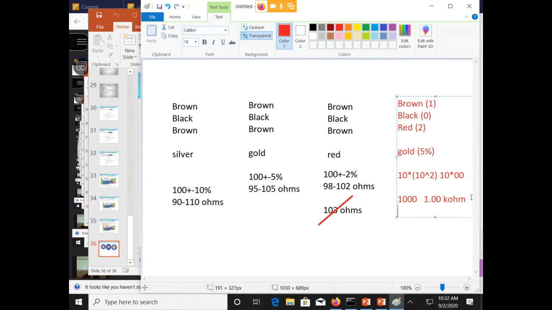And the tolerance of that would be 5%. So 5% of that would mean that this resistor could vary between 950 ohms to 1,050 ohms.